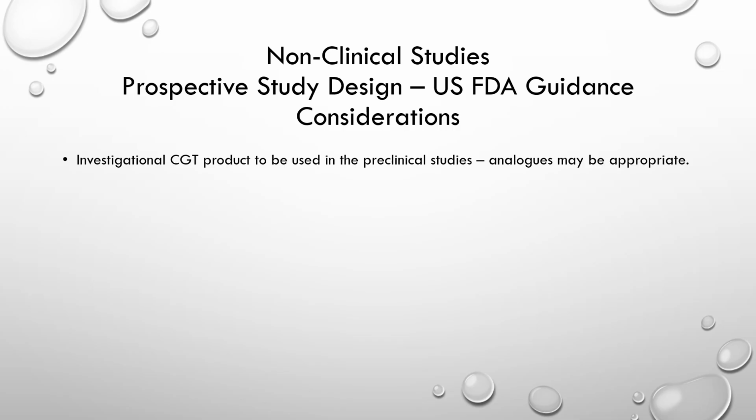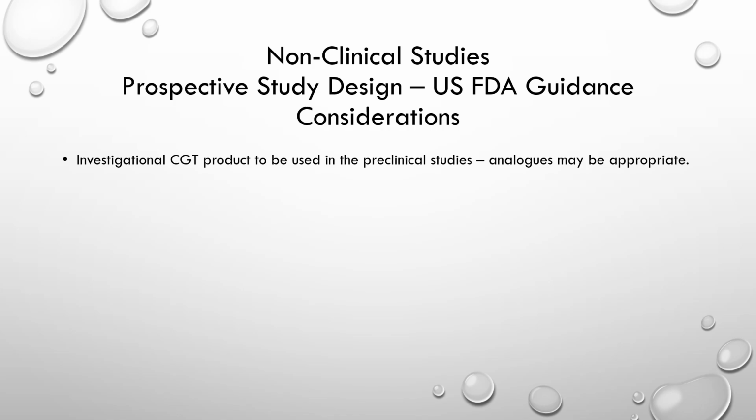Again, on the same vein, it's not always going to be possible to use the human-derived product, and you will have to consider analogs. It may be appropriate. You need to get advice from the FDA, and this is due to the species-specific nature of clinical trial products.